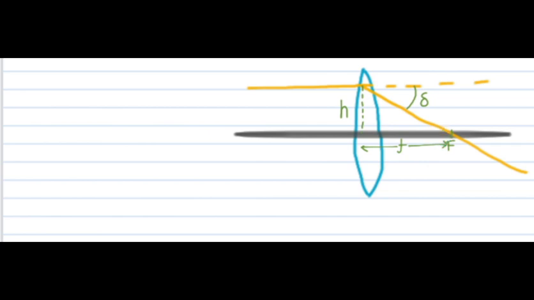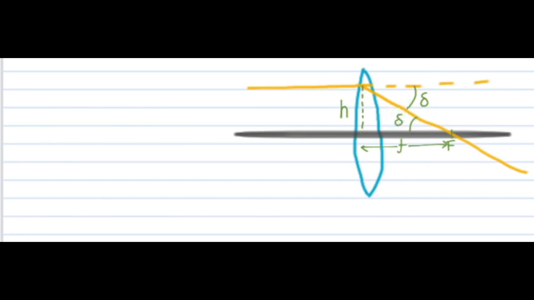Now by the property of the corresponding angles of the parallel lines, I can show that this angle and this angle are equal. These are your vertically opposite angles of parallel lines property. So this angle is also represented by delta.